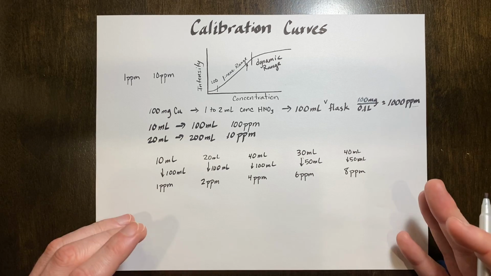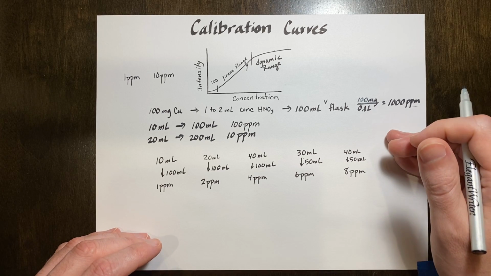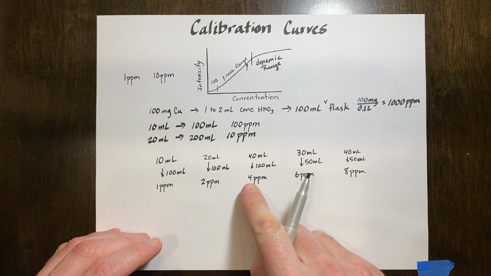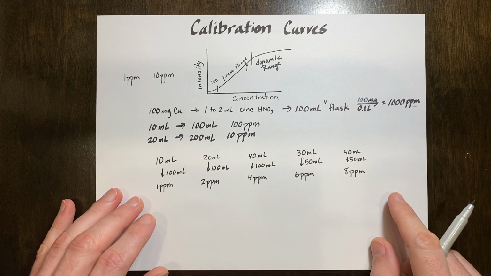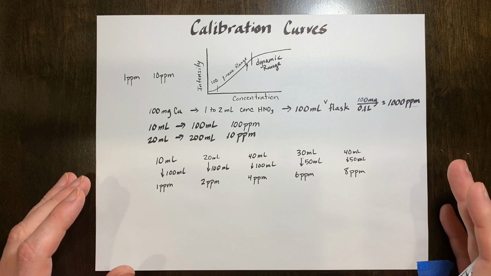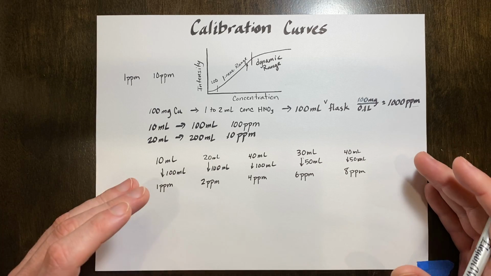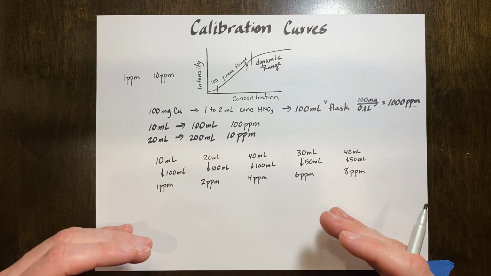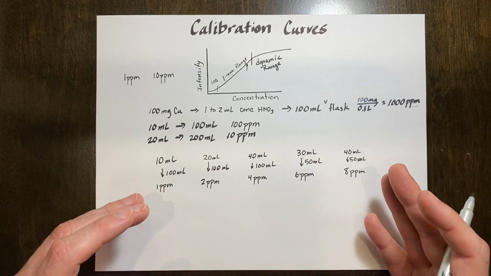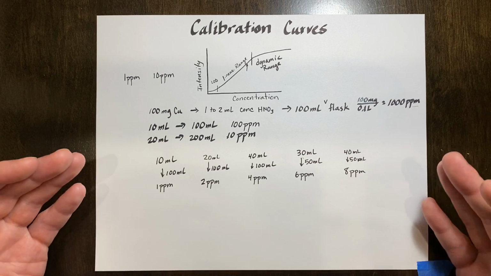Now, typically you do want to make some stock solution that is a higher concentration and then dilute several different volumes from there to make a very quick and simple calibration curve. Now, the amounts will vary, and how much I dilute and how much I make will be dependent on what you're actually analyzing and how the analysis goes and the requirements for that.